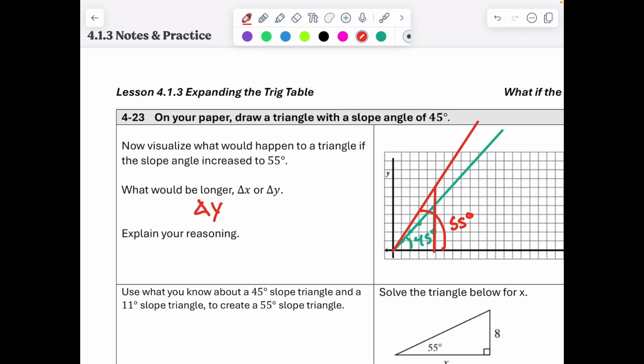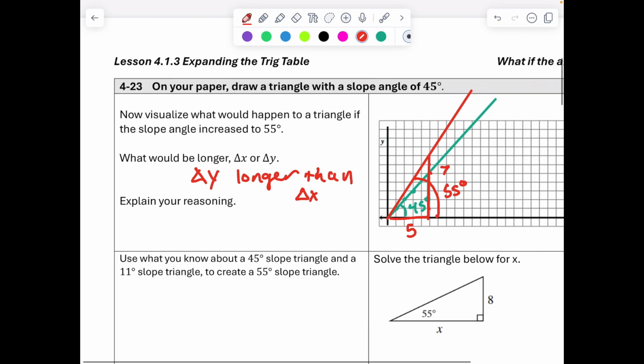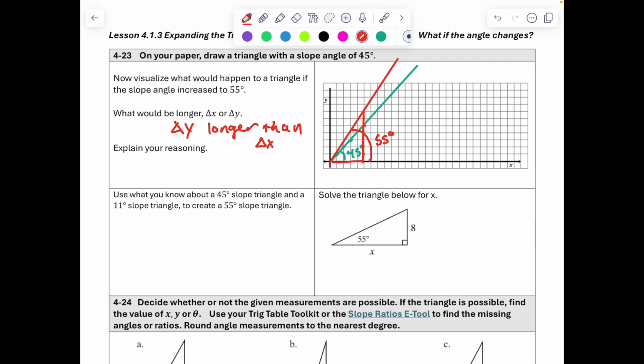So the change in y would be longer than the change in x. And because here, this is a length of 5, 1, 2, 3, 4, 5, 6, 7, a length of 7 there. About. That's just kind of a guess for what 55 is, but the change in y is longer.